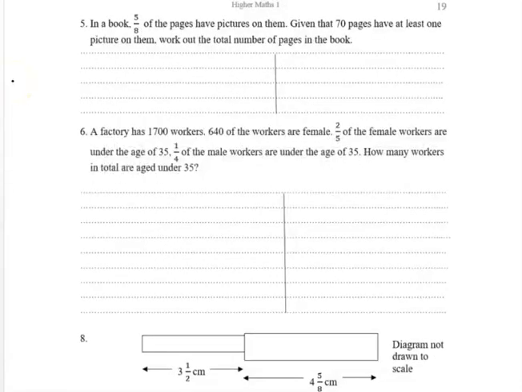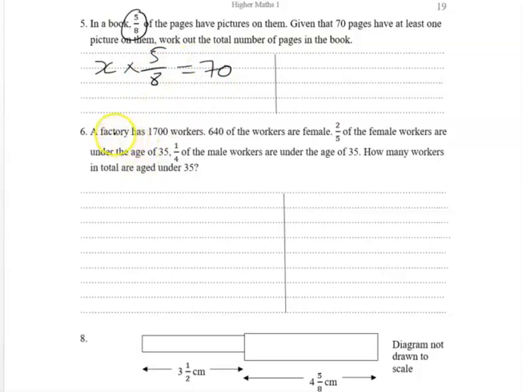Question 5. In a book, 5/8 of the pages have pictures on them. Given that 70 pages have at least one picture on them, work out the total number of pages in the book. Okay, we have X number of pages, so we want to work out the value of X. We know 5/8 of X is going to give us 70.